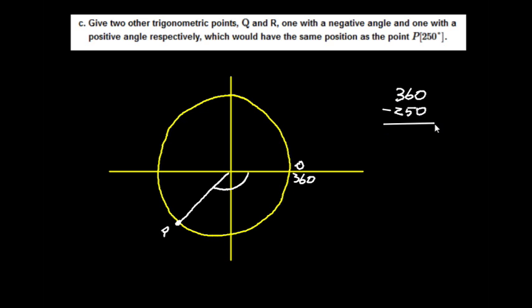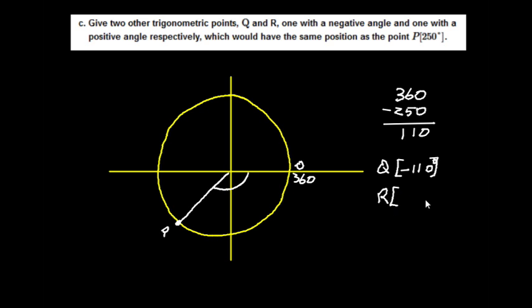So if I find the difference between those two, that will be the difference between 0 and going into the negatives. So this angle Q would be negative 110 degrees.